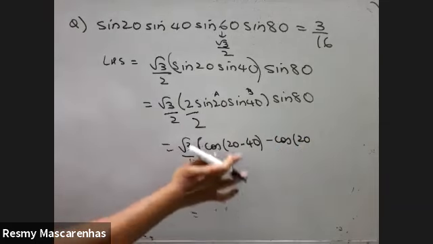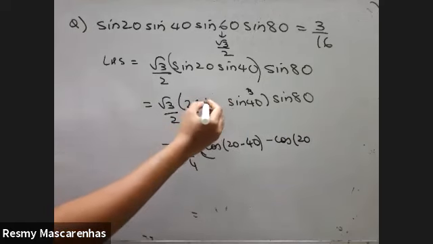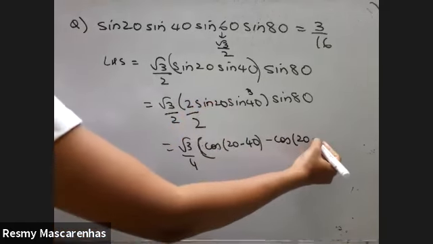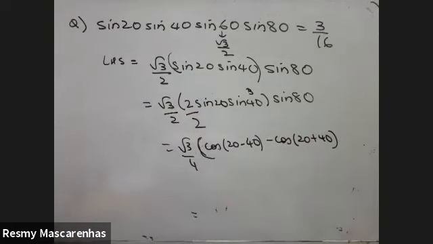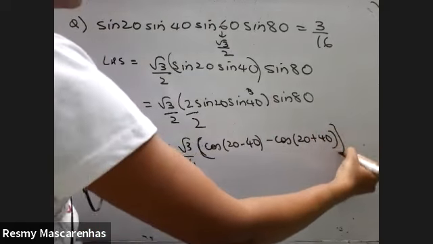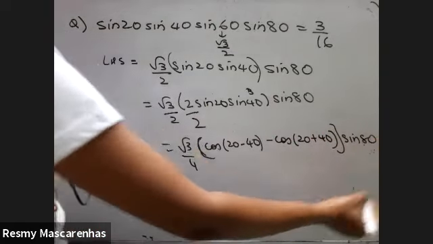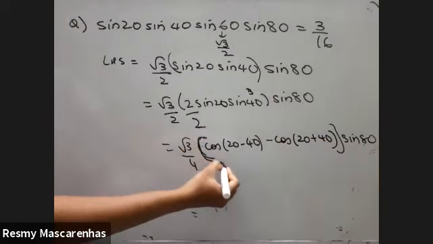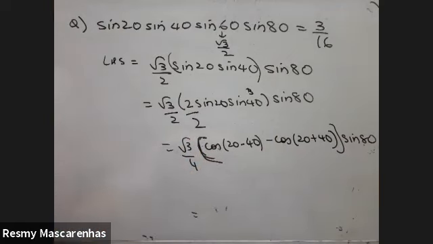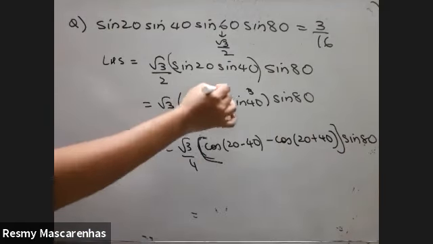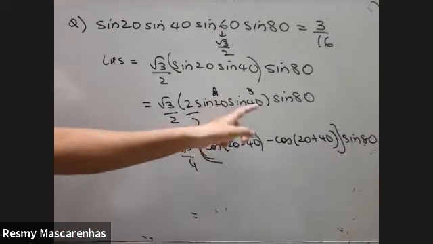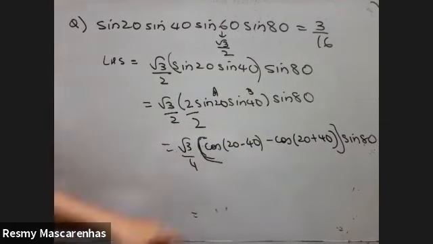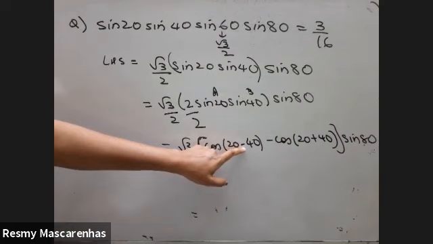minus cos of A plus B. Okay, you want to keep A first? Can keep, no problem. It's okay. Anyway, and this sine 80 is out only. I use the formula sine A sine B. Even if you do it the other way, the only thing you'll get is a plus answer.